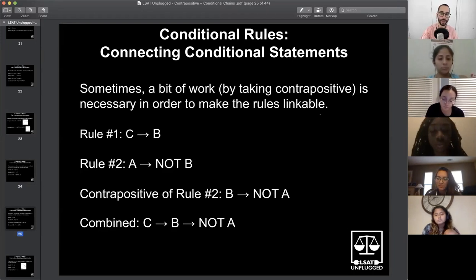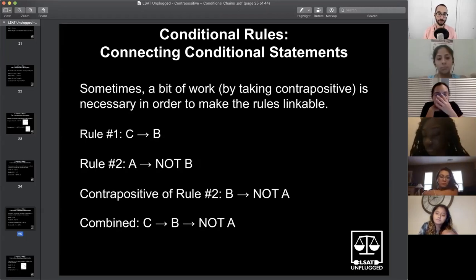So let's say we were given C requires B as one rule, and we were also given A requires not B. It's nice, we have B in both, but one's positive, one's negative. So in order to clean it up, in order to be able to actually link these together, you want to take the contrapositive.